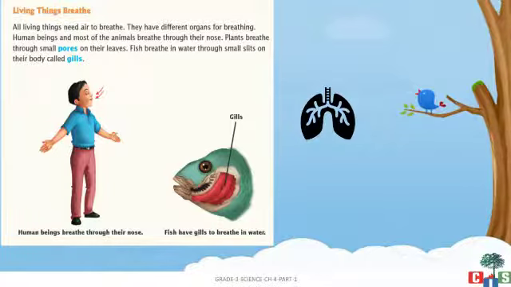Plants have leaves, and these leaves have tiny pores which we cannot see with our eyes. We have to see them with a special instrument, under a microscope. So leaves have small pores through which they breathe.